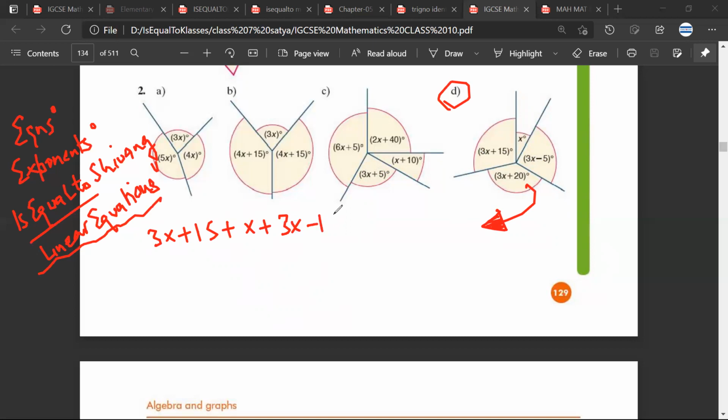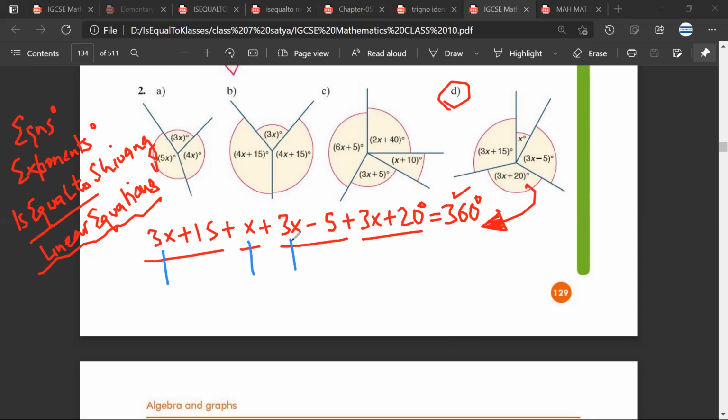Then I took all the x together, which would be equal to 3x plus 3x plus 3x, which is 10x. So the next step would be to collect all the x's. Yes, shabash. So it would be 10x.